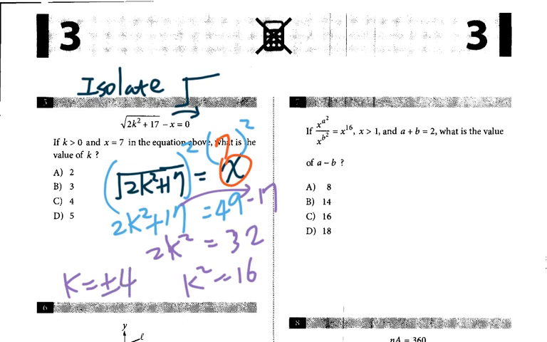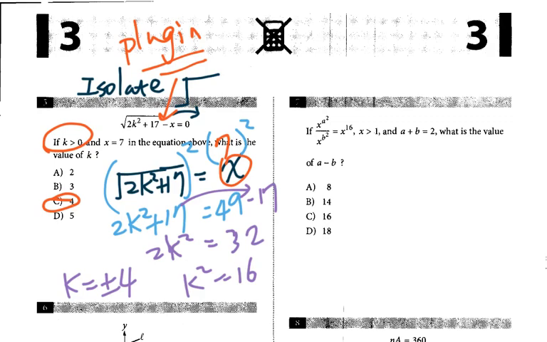But it's given that k is greater than 0. That's why 4 is the answer. But the easy way is just plugging in, checking the answers. You can plug in 4: the square root of 2 times 16 plus 17 minus 7 is equal to 0. You can just plug in and work on this problem.